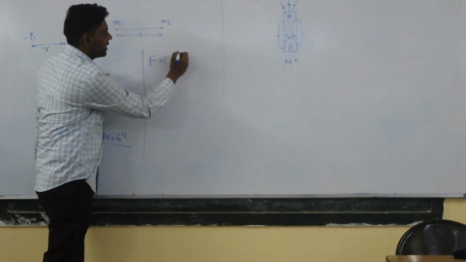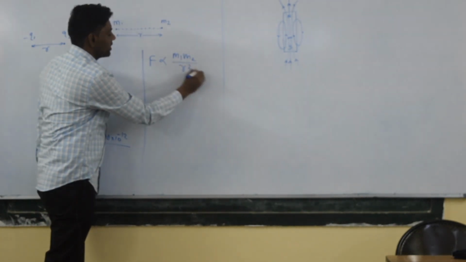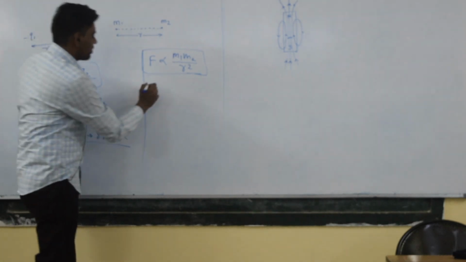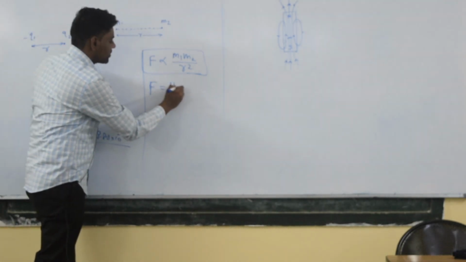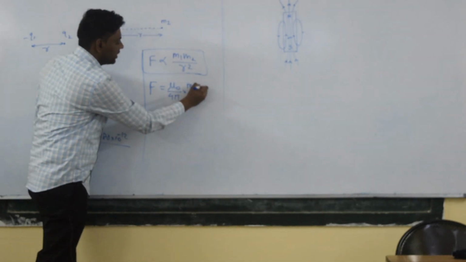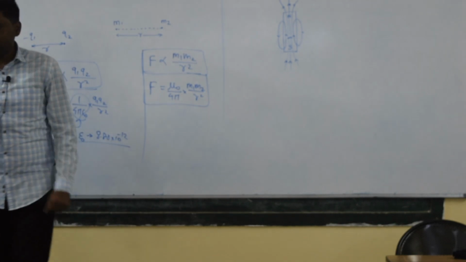And what is the product? That is the product of their pole strengths and inversely proportional to the square of the distance between them. Simple. And what is the constant of proportionality? That is mu 0 upon 4 pi, that is m1 m2 divided by r square. So this is Coulomb's law.